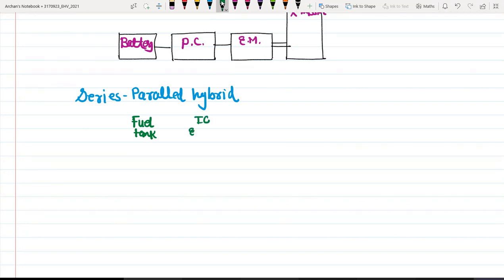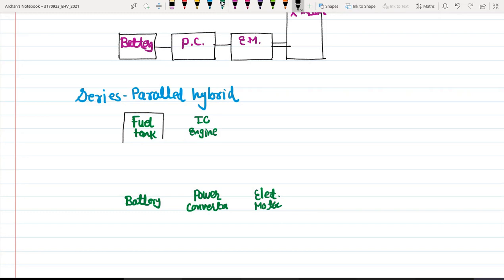This may be my IC engine, and then we have battery, power converter, then the electric motor is over here. So these are my separate powertrains. I am talking about powertrain 1 over here, and this is my powertrain 2.